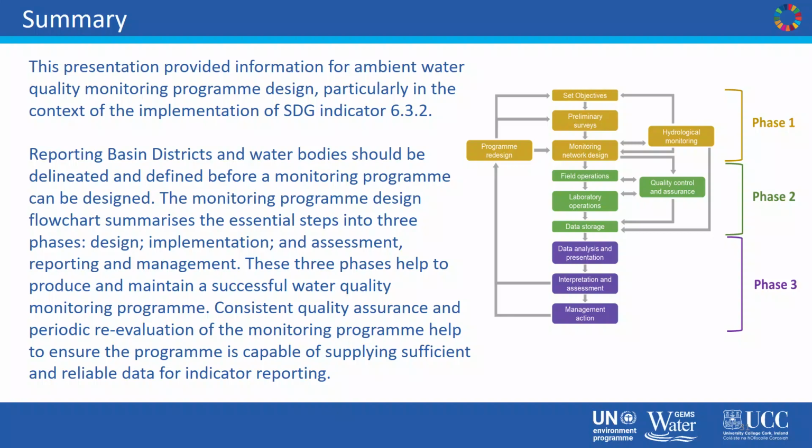The monitoring program design flowchart summarizes the essential steps, and these 3 phases help to produce and maintain a successful water quality monitoring program. And consistent quality assurance and periodic re-evaluation of the monitoring program can help to ensure the program is capable of supplying sufficient and reliable data for indicator reporting.